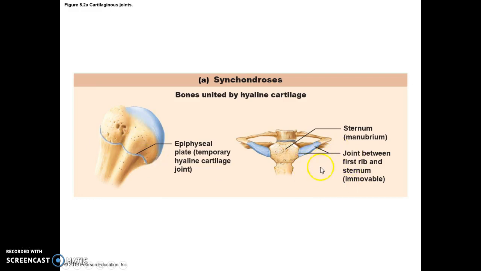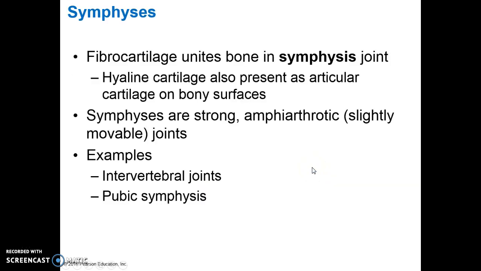And here, as you can see, the joint between the first rib and the sternum, or manubrium, is immovable. An example of symphysis has hyaline cartilage also present as articulating cartilage on the bony surfaces.